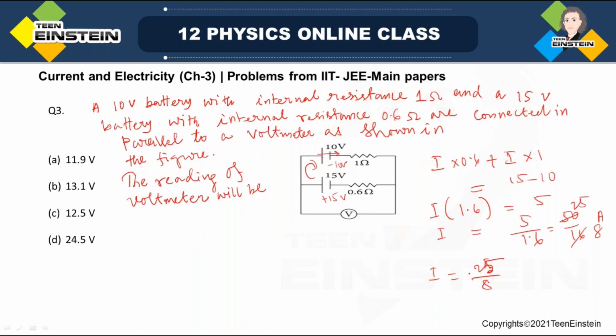Now I have to find out the voltmeter reading. The voltmeter reading is the terminal potential difference across the cell.